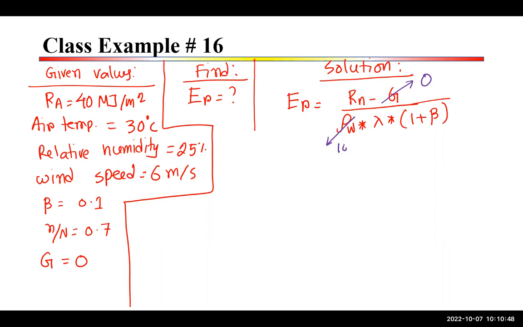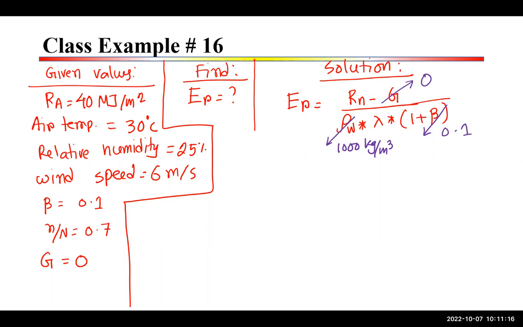That's what I will do. And I know the Bowen ratio, which is 0.1. Now I don't know Rn, and I don't know lambda. Lambda is the latent heat of vaporization. We need to find lambda from table 3.2.